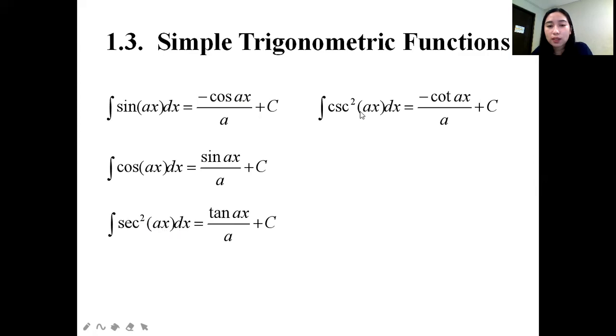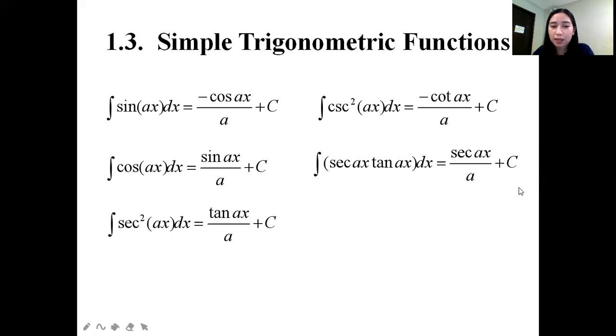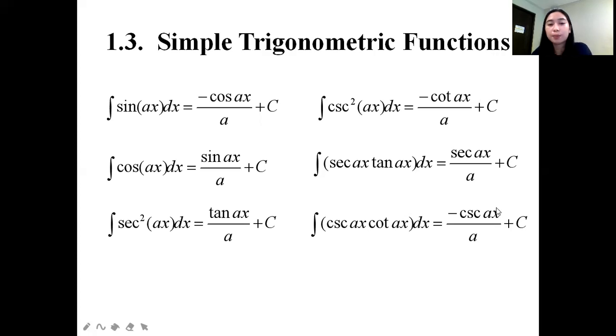And the integral of cosecant squared ax dx is equal to negative cotangent ax over a plus c. The integral of sec ax tan ax dx is equal to sec ax over a plus c. And the integral of cosecant ax cotangent ax dx is equal to negative cosecant ax over a plus c. So, apil na ni siya, ibutang ninyo sa inyuhang power notes ang inyuhang mga formula.